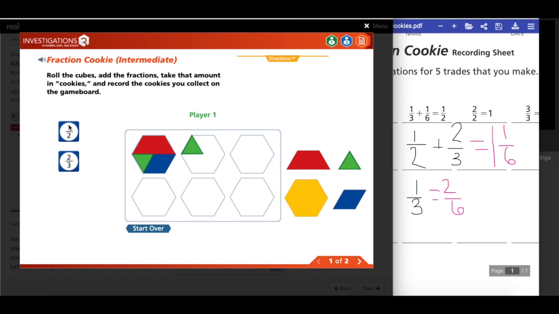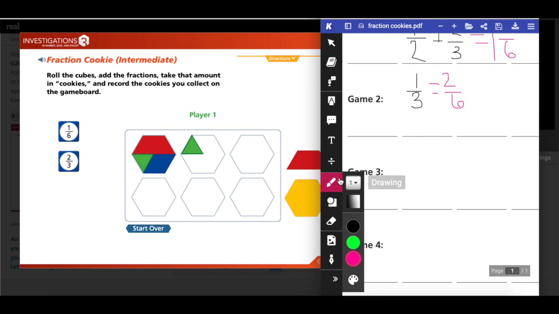So now I'm going to do another round. But I already have 1/6 of my hexagon filled and I can't move on to my next hexagon until this one is totally filled. So let's see what I roll. I'm going to switch it up. So now I have 1/6 plus 2/3.